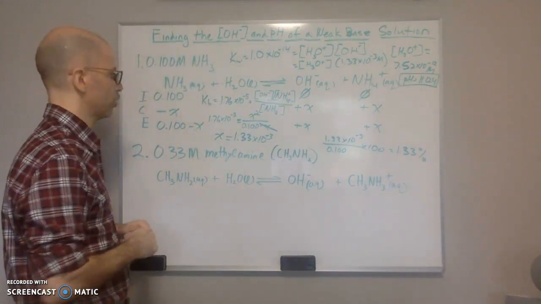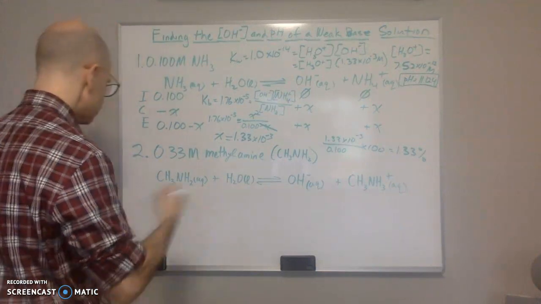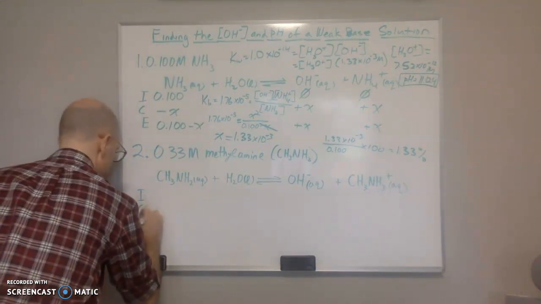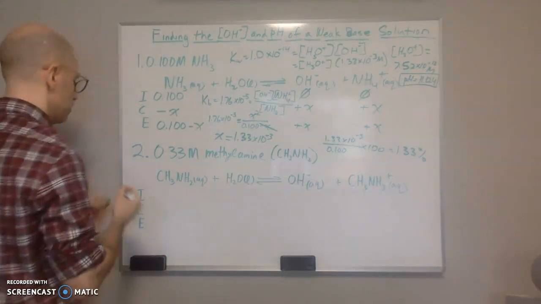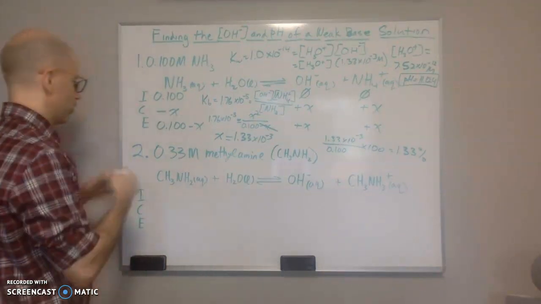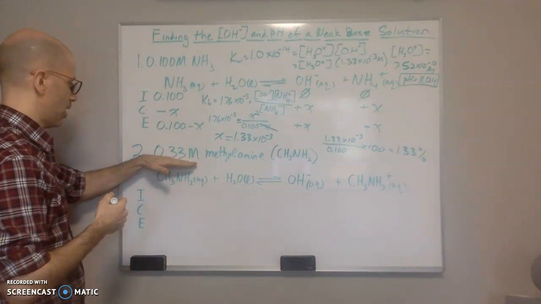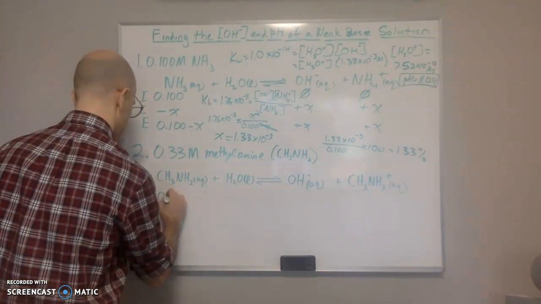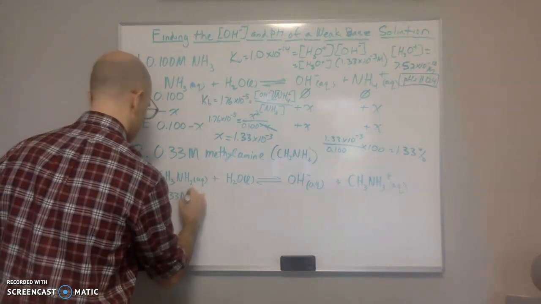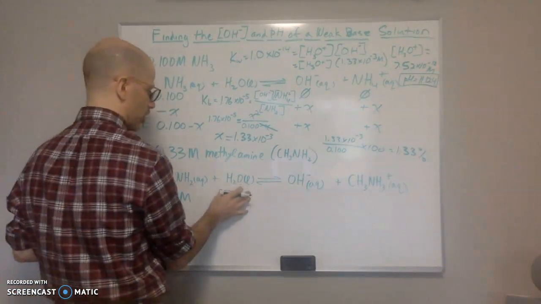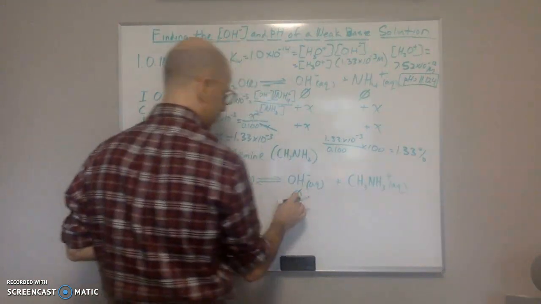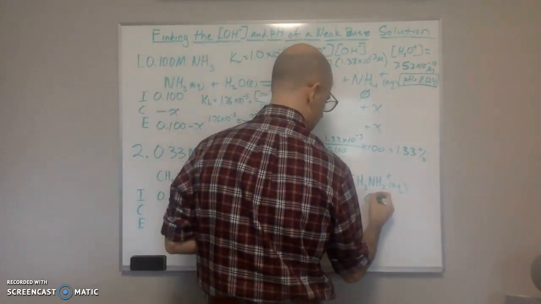Let's go ahead and do the second one. So again, the second one is going to be the same. You're going to have your ICE chart. We're starting with this concentration. So here we're going to have 0.33 molar, and we're going to ignore water, and this is going to be practically 0, as well as this.